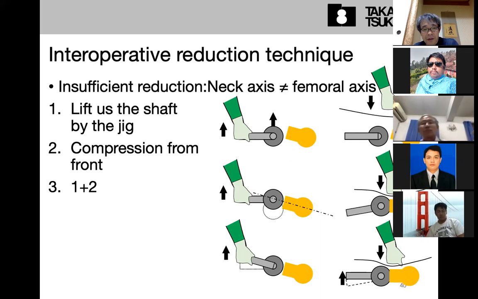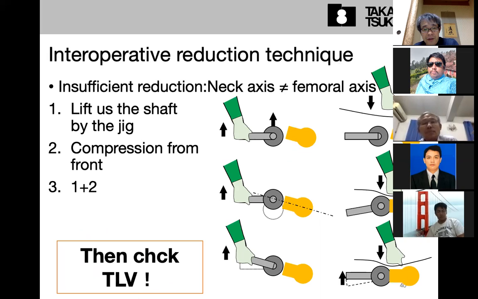Then check the two lateral views, adjust the axis and the target device, adjust the jig and insert the lag screw. This is the reduction of the displacement of the femoral shaft and the femoral neck.